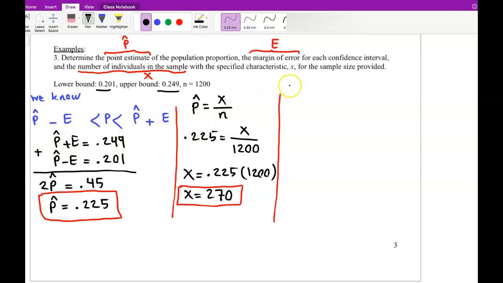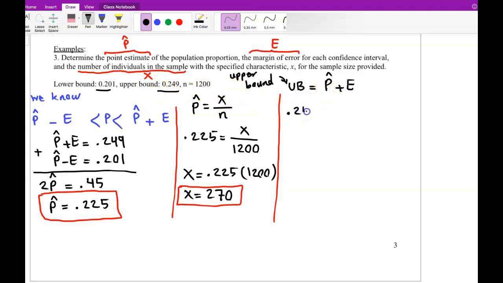So I'm using upper bound. So this is upper bound, that is equal to p hat plus error. And for this part, p hat plus error upper bound, we have 0.249.